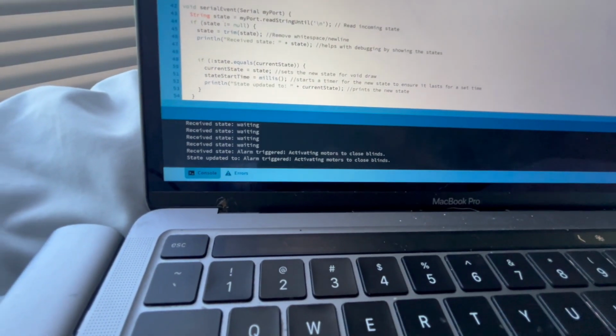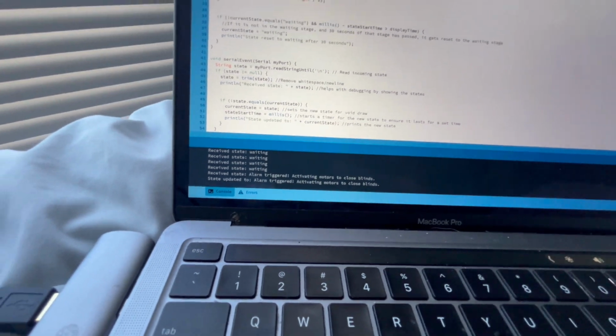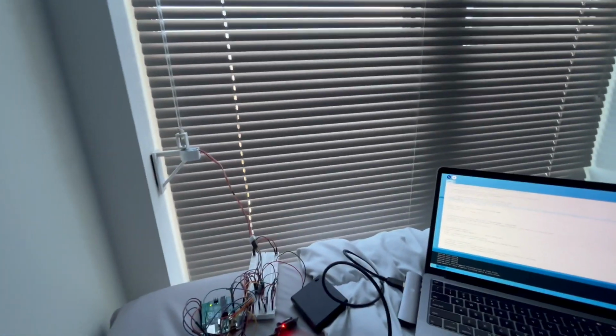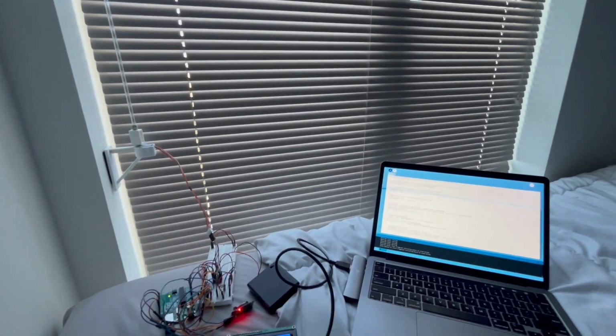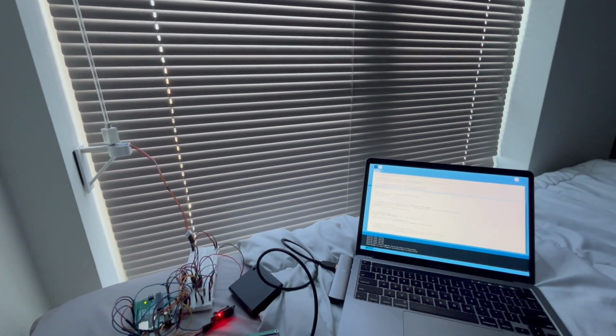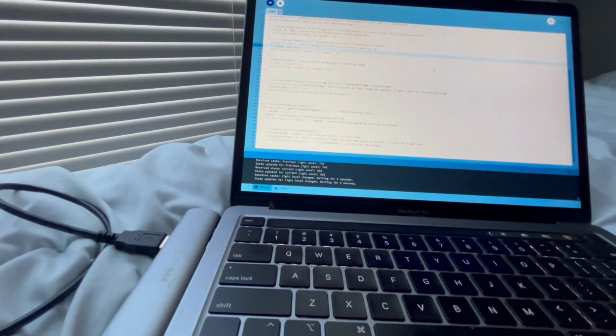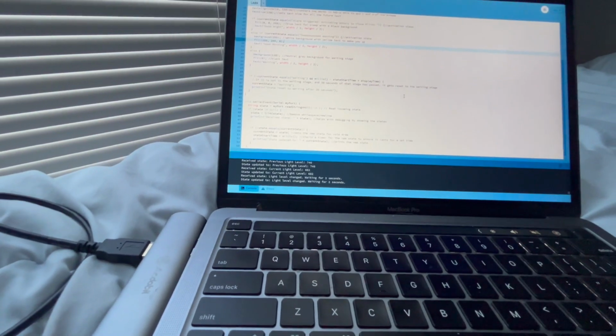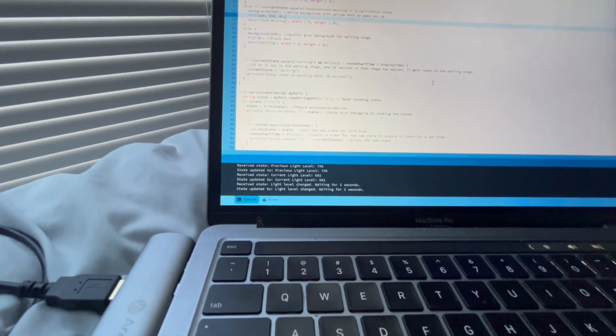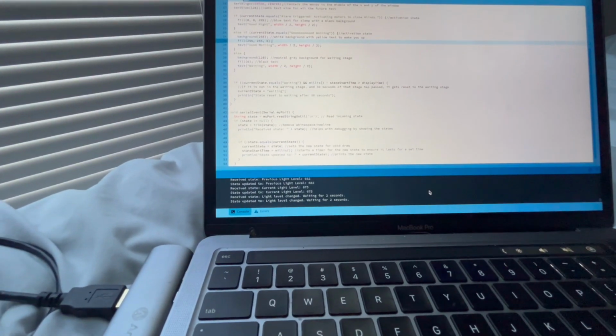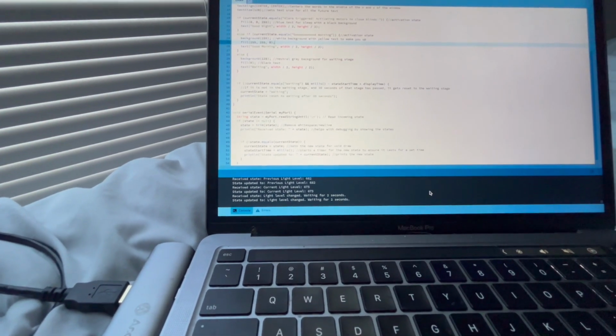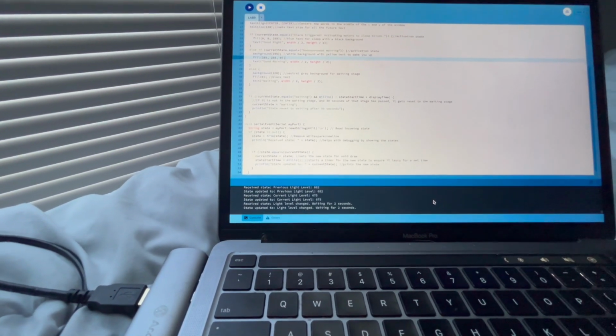And so you can also see here that the state is constantly updating, which is how the processing actually displays. And then it'll also display here in a second what the current light level is, what the previous light level is, and then it'll continue to adjust for that.